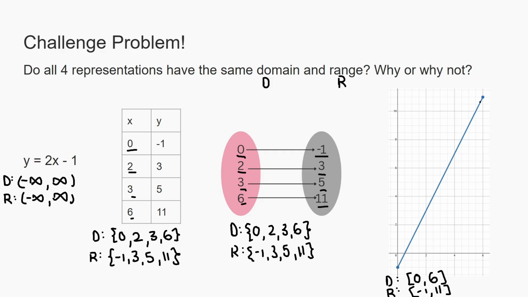And when we have a graph, depending on how we draw it, it can also be a little restrictive. For example, for this graph to be true, y equals 2x minus 1, we would have to draw arrows on both sides to show that our domain and range are also infinite. But because we have a line segment, just a part of this graph, our domain and range are only going to be in these continuous intervals.